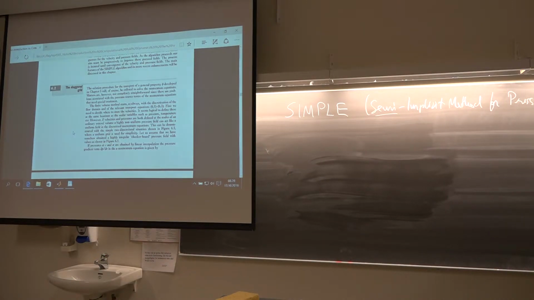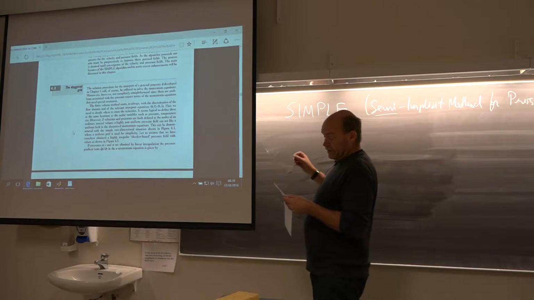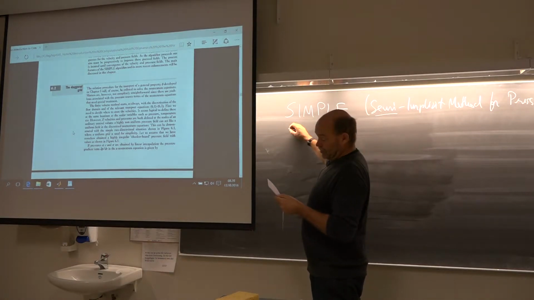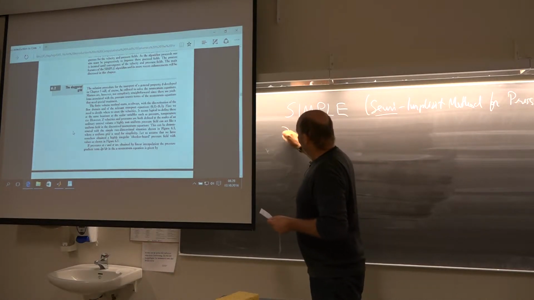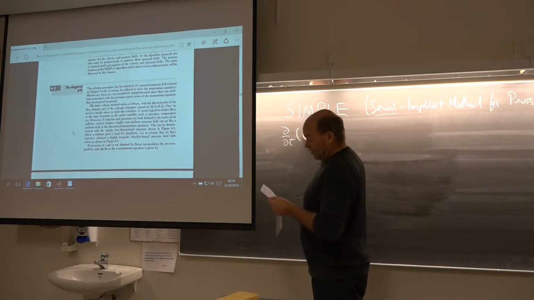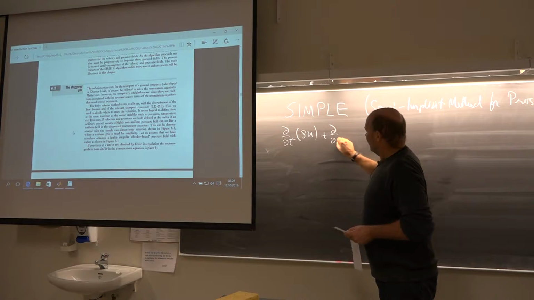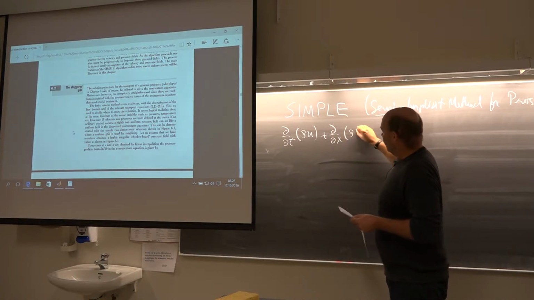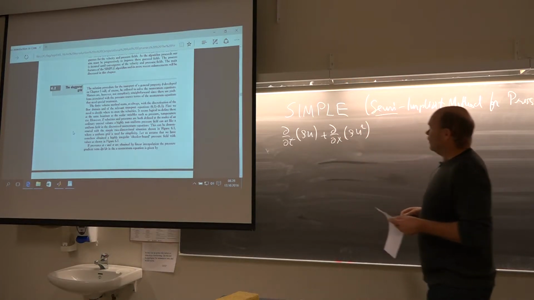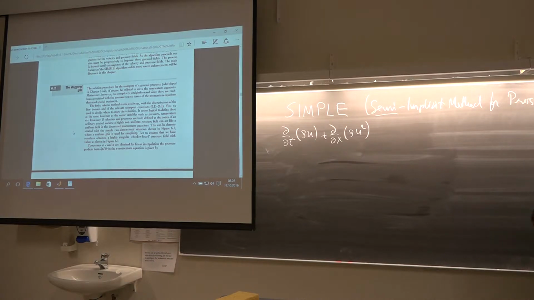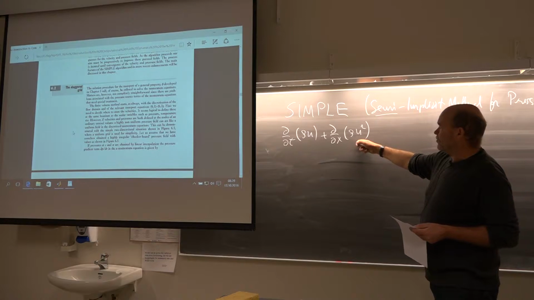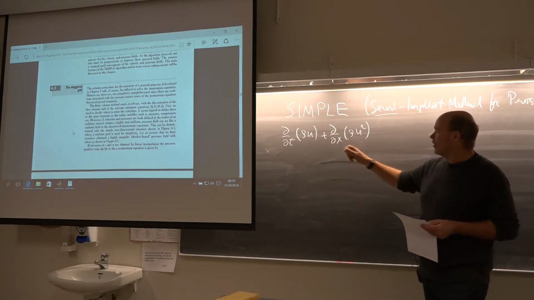So let's start out. If I write up the Navier-Stokes in, say, the x direction here, time derivative rho u, and then x derivative rho u squared. So here we have the convective acceleration terms written in the conservative form.